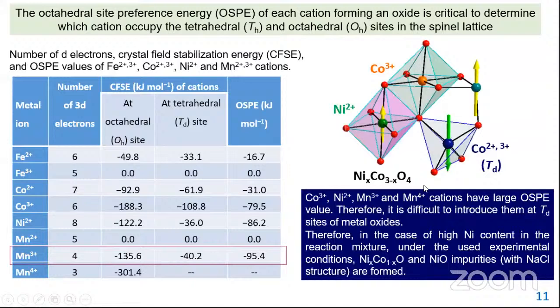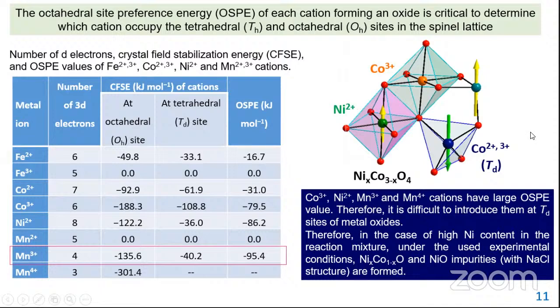As we'll see later, in the spinel lattice, how many sites do we have? In one unit cell we have 16 octahedral sites and 8 tetrahedral sites.